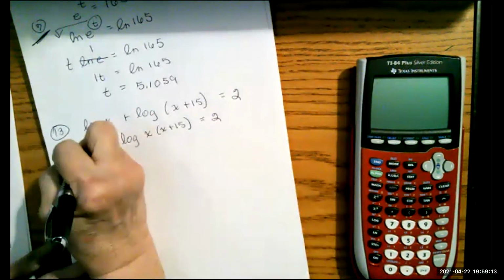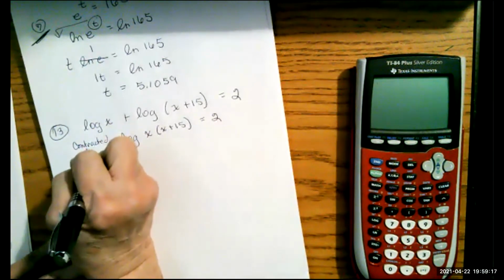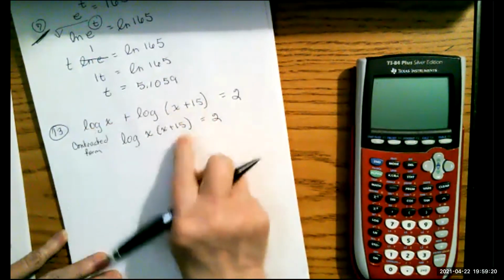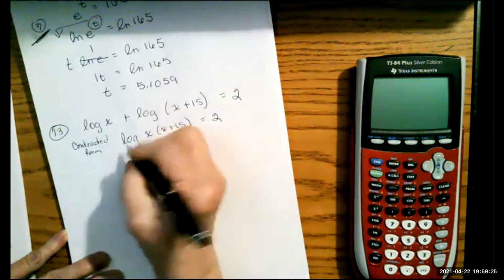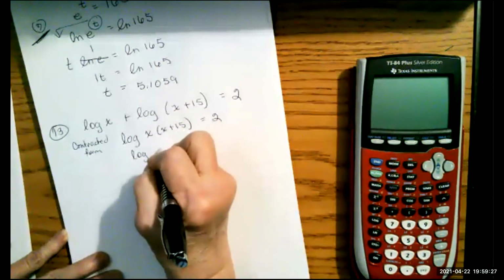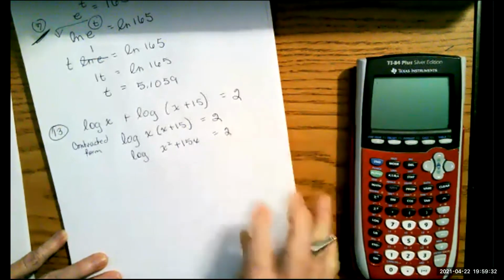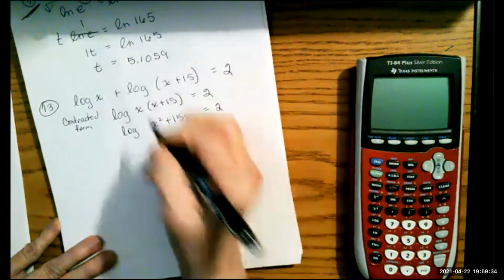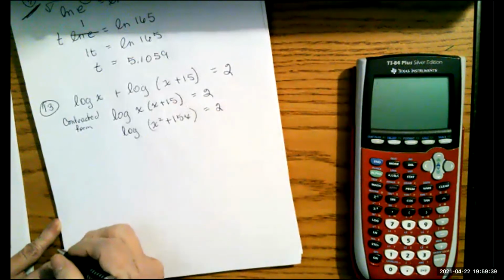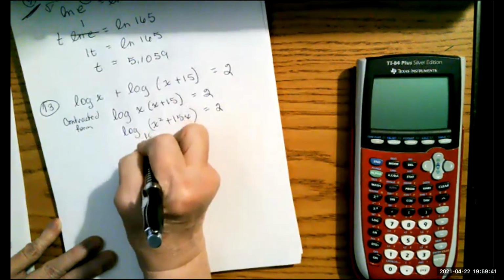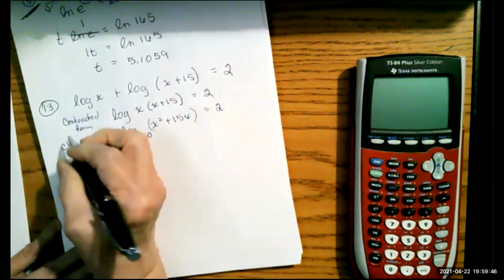Because they were added, I multiplied. That's that rule. So now I have log of x squared plus 15x. That's my log number. So I need to put my base in.